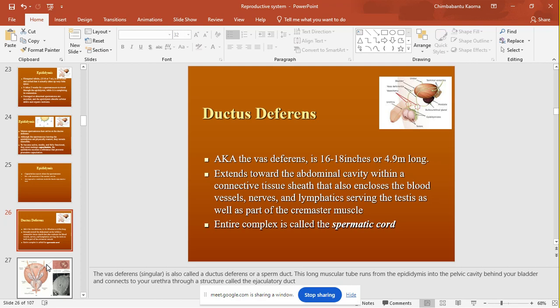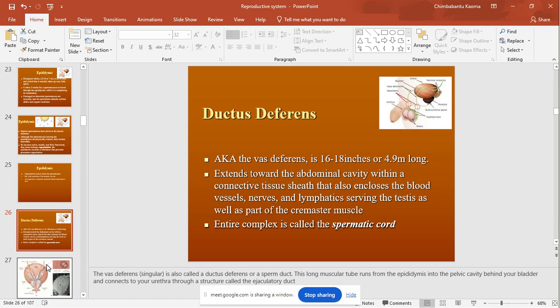From the epididymis, the spermatozoa will be transported to the ductus deferens. Now, the ductus deferens is basically a tubular structure. It is said to be about 5 meters long, so it extends between the epididymis and the urethra, or if you like more specifically, between the epididymis and the ejaculatory duct, like we already said at the beginning of this talk.